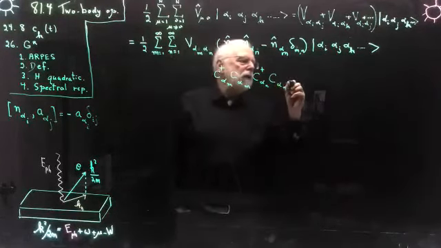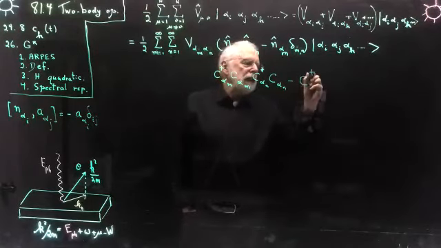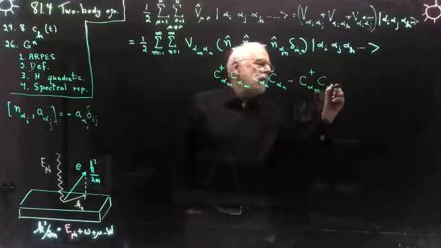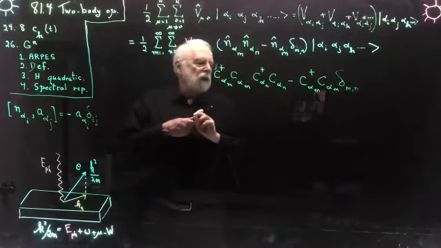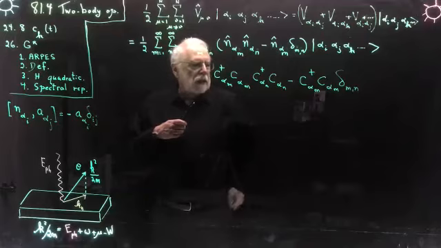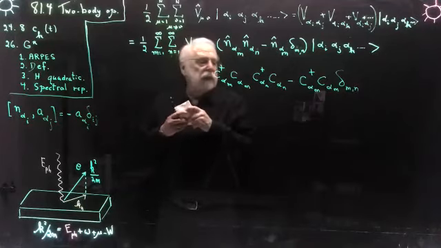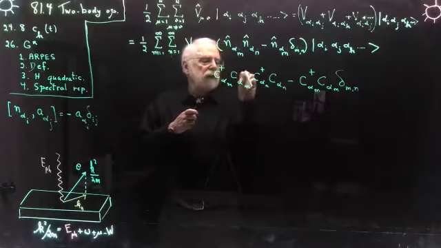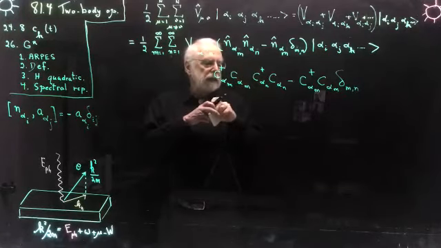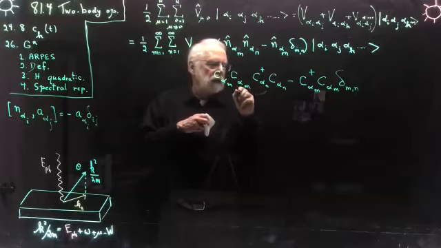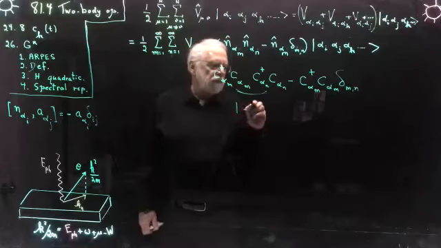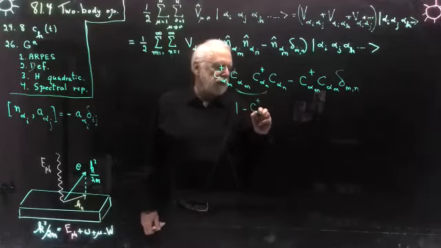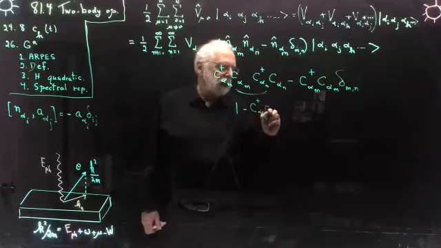And I have minus c dagger alpha m c alpha m delta mn. Now I can use the anti-commutation relations for this, and I can write this as 1 minus c dagger alpha m c alpha m.